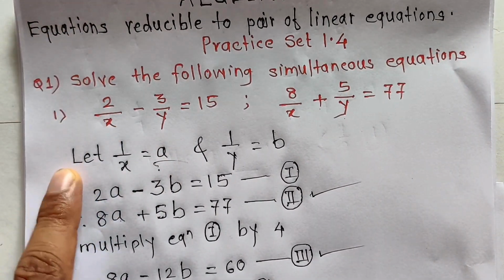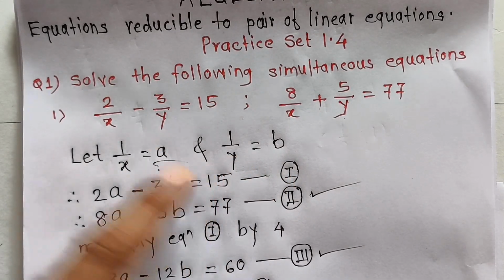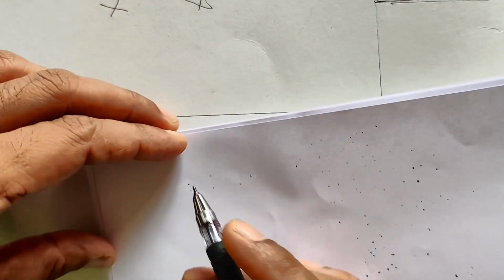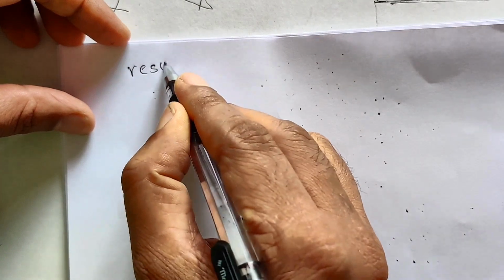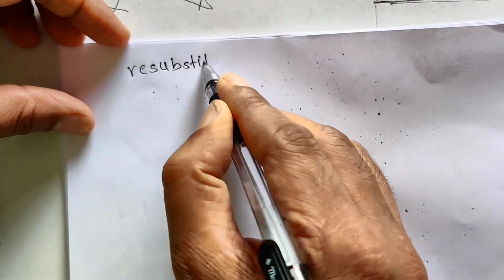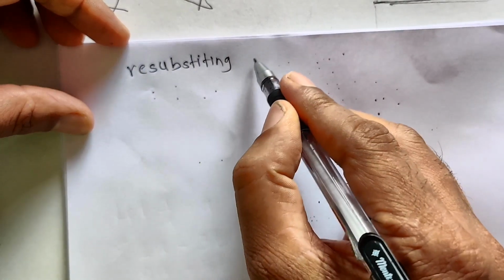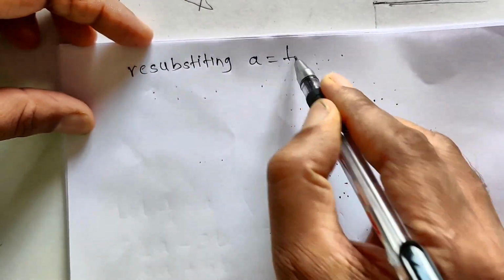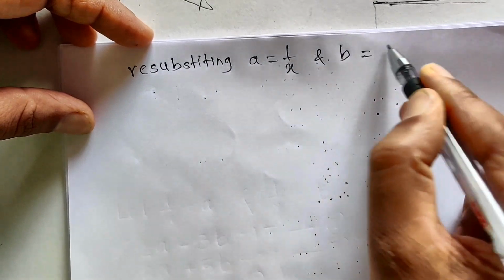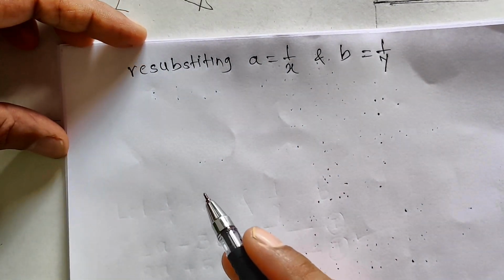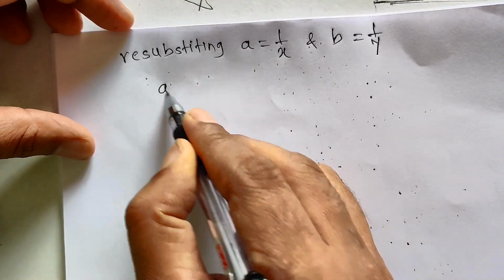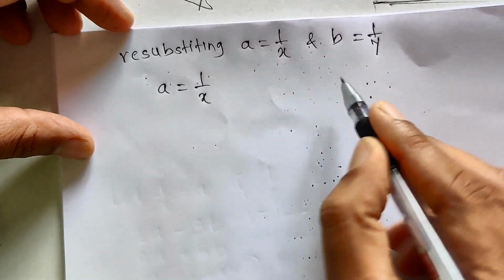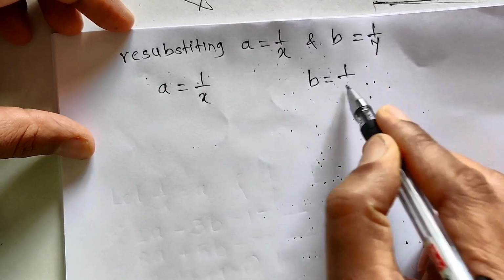So resubstitute the value of a and b. Our next step is resubstituting a is equal to 1 upon x and b is equal to 1 upon y. So again we have to resubstitute those values. Here a is equal to 1 upon x, b is equal to 1 upon y.